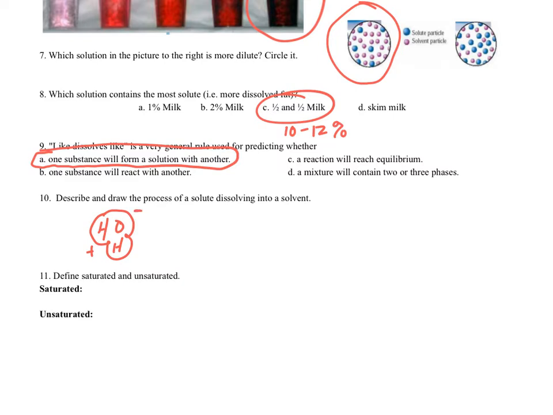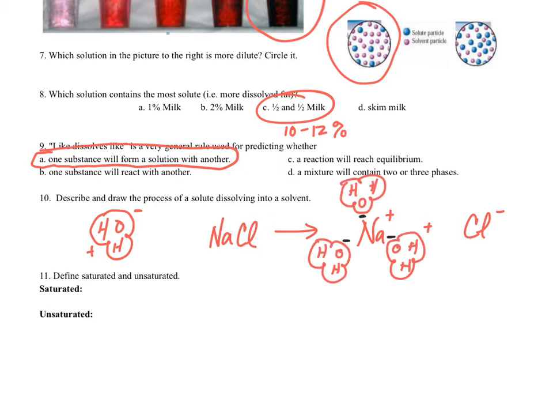So if we have an ionic substance like sodium chloride, it's going to break apart into sodium ions, plus, and chloride ions, minus. And the water molecules with their negative end will surround the sodium ion, and the water molecules will surround the negative chloride ion with their positive end toward the chloride ion.